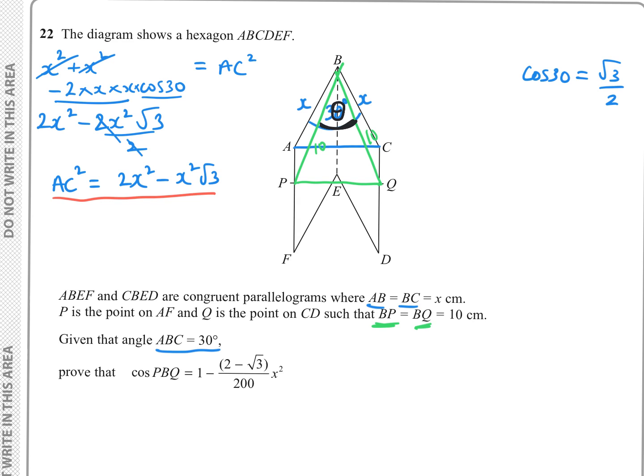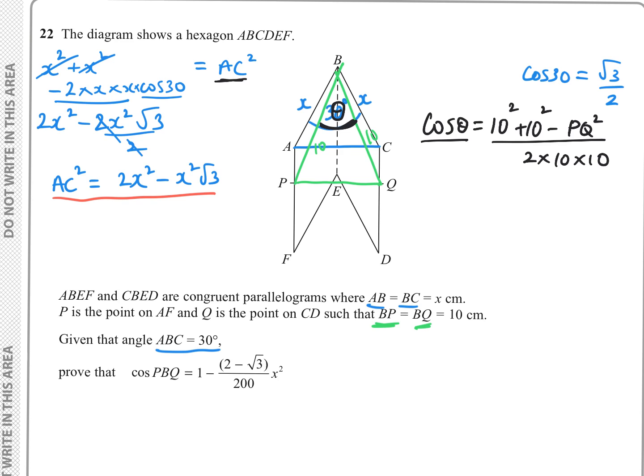So in triangle PBQ, the green triangle, we're going to have cos theta equals 10 squared plus 10 squared minus PQ squared all over 2 times 10 times 10. It's just another way of using the cosine rule with the angle given as opposed to the length.